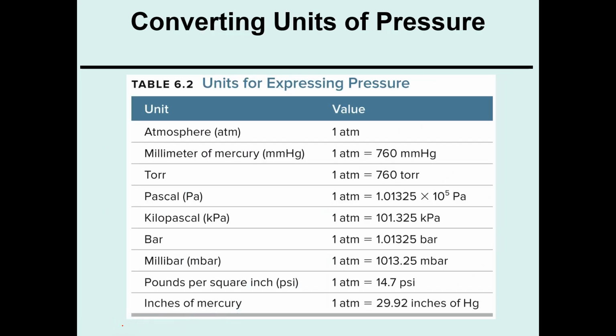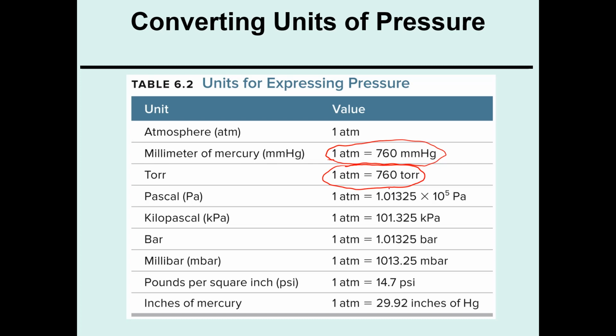So this table here shows the conversions between different units of pressure. A couple that I would expect you to be familiar with are 1 atm is equal to 760 millimeters of mercury, and 1 atm is also equal to 760 torr. Those are used frequently enough that it's worth your while to memorize those.